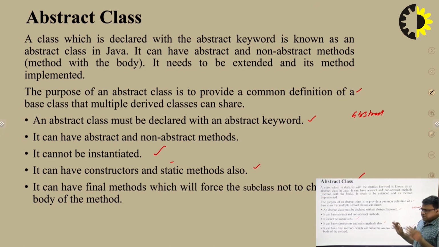If we use final for a variable, this variable will be a constant and its value cannot be changed. And if we make a class final, this class cannot be inherited, that means no class can inherit this particular class.